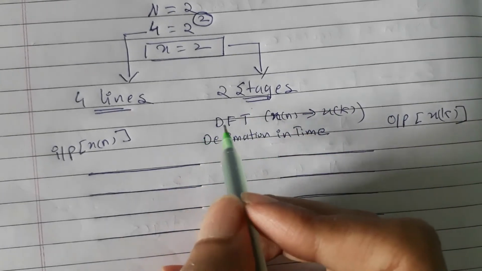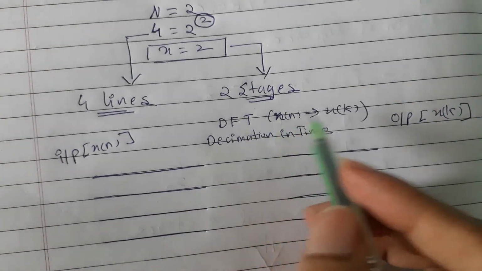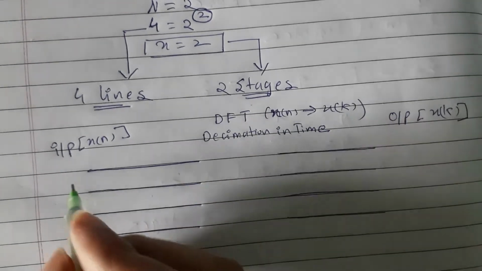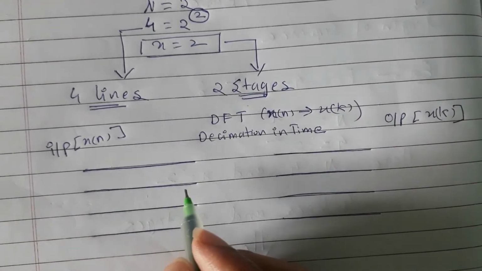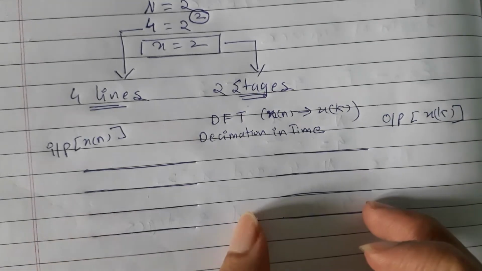So in DIT we are converting time domain into frequency domain. Therefore x[n] we convert to X[k]. So we proceed towards the butterfly diagram. So this is our first butterfly and this is our second stage of butterfly.